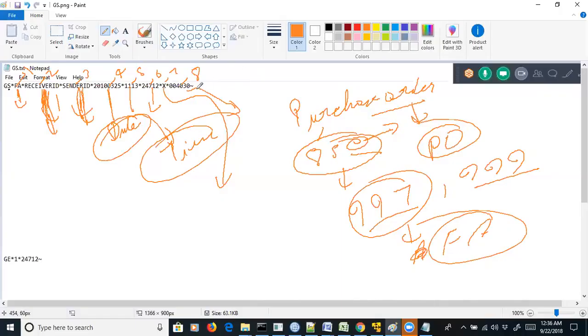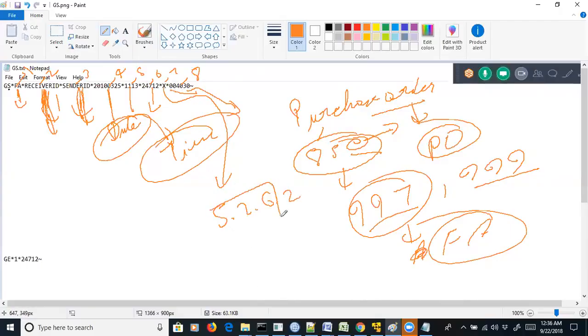But the difference between the EDI version in the GS and ISA is that here you have to write the entire version and the subversion. For example, for the SI, we have version 5.2.6.2.